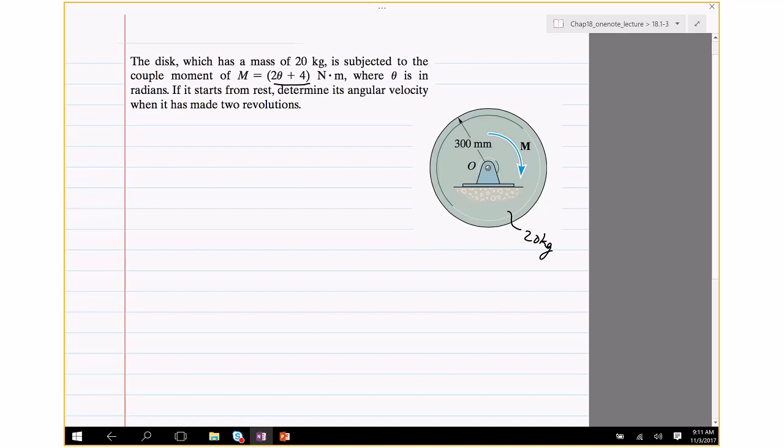If it starts from rest, the initial angular velocity is 0. Determine its angular velocity when it has made 2 revolutions. So theta initial is 0, theta final is 2 revolutions.